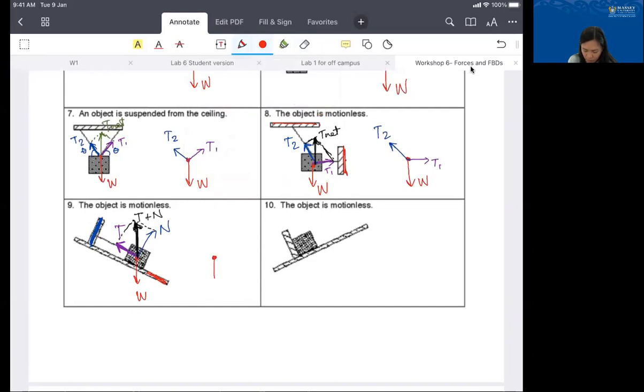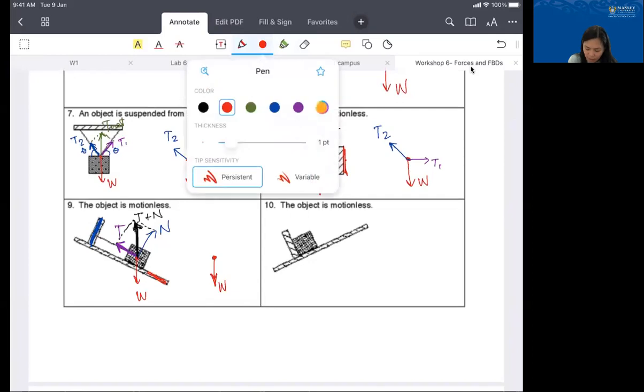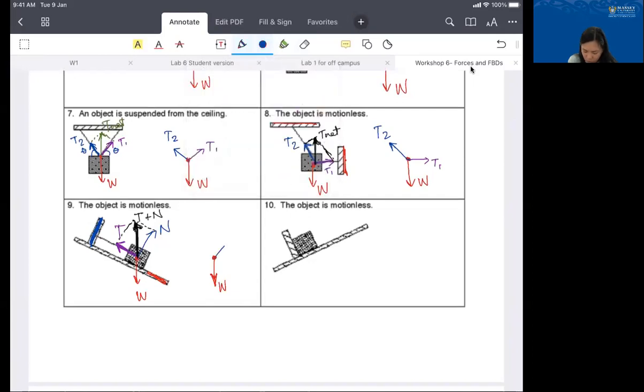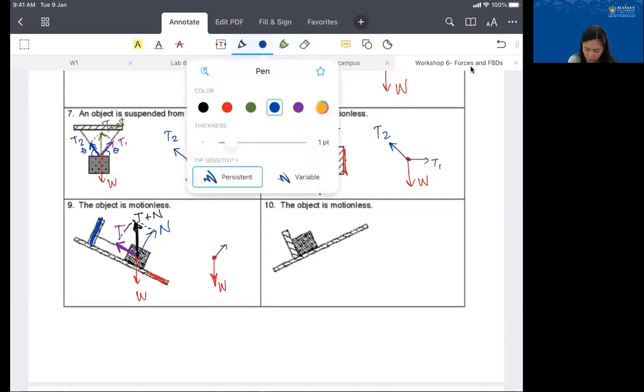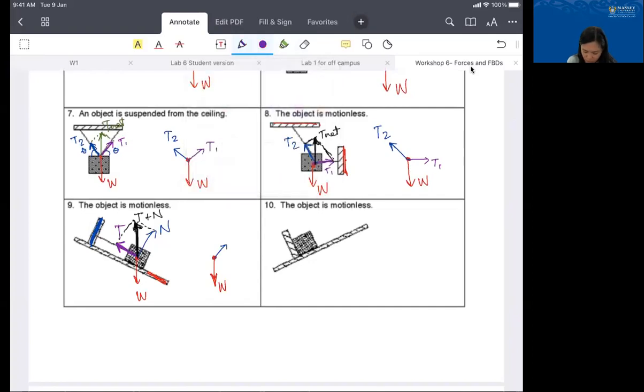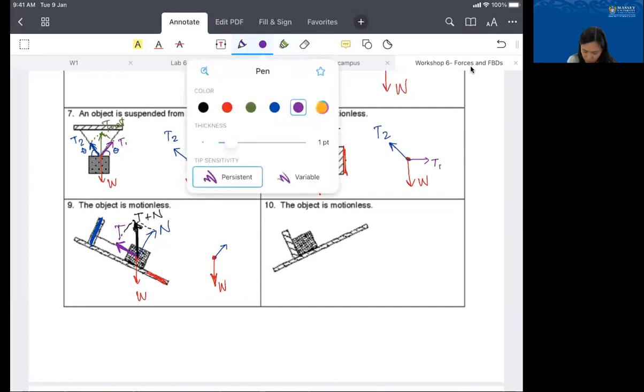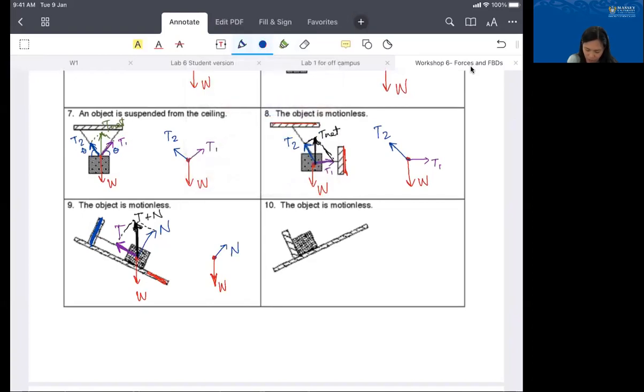neatly in the free body diagram. So maybe I'll make my weight force longer in that case. And then I should have the normal force and the tension force. Oh, let me label normal force and tension force.